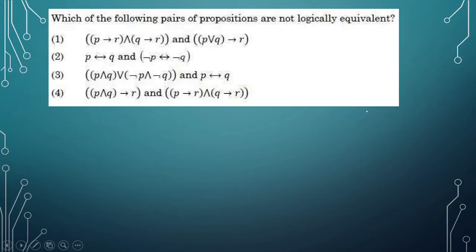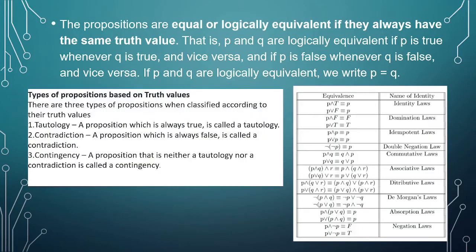Okay, coming to the third question, which is based on propositions. So what is the question? It's that which of the following pairs of propositions are not logically equivalent? Not equivalent. Okay, so 2 propositions are given, separated by 'and'. So I have to check whether they are logically equivalent or not. So first, what is a proposition? It's a statement that can have a true value or a false value, right?